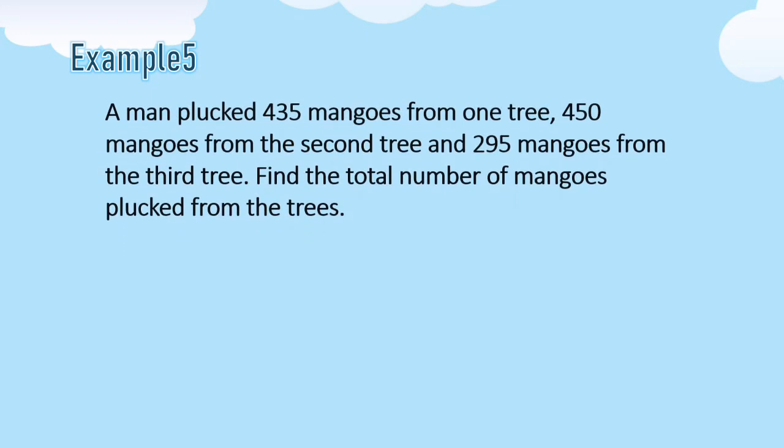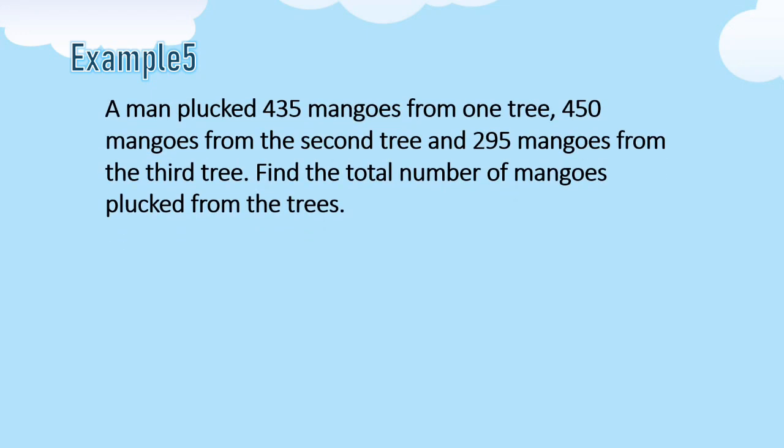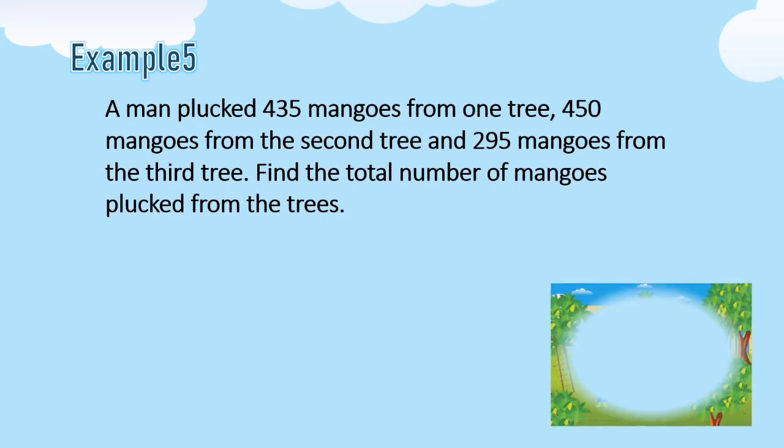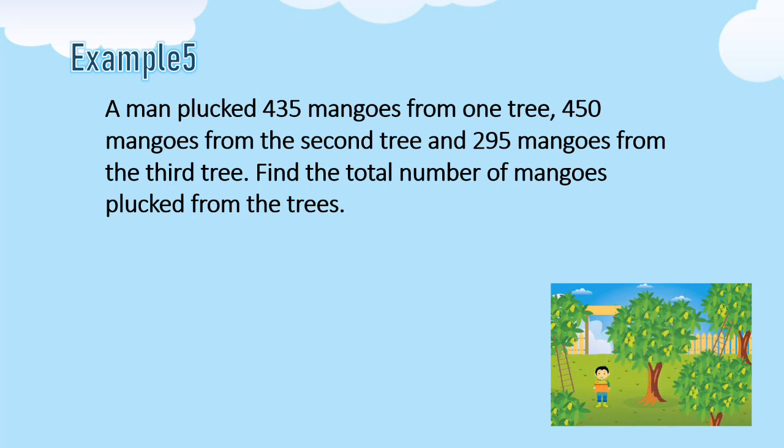And here's example 5. A man plucked 435 mangoes from one tree, 450 mangoes from the second tree, and 295 mangoes from the third tree. Find the total number of mangoes plucked from the trees.